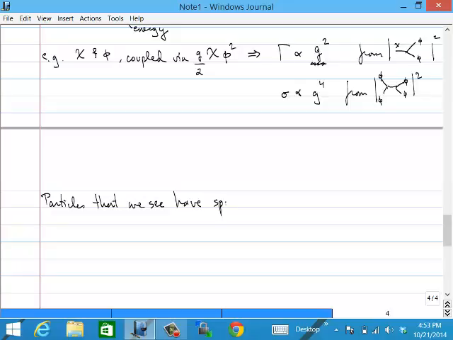So for example, all of the various matter particles, quarks, protons, neutrons, electrons, positrons, and so forth, all have spin 1/2.